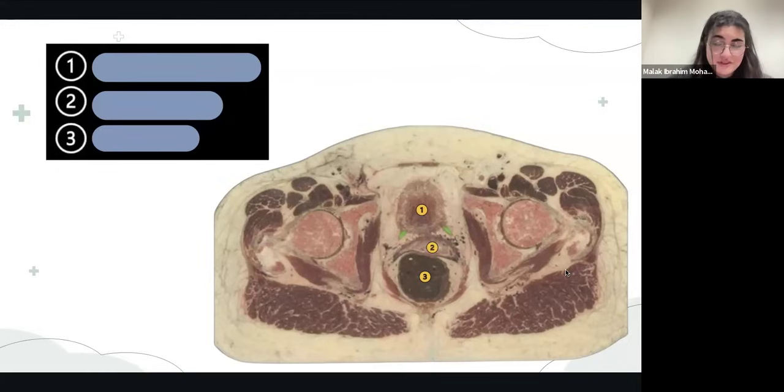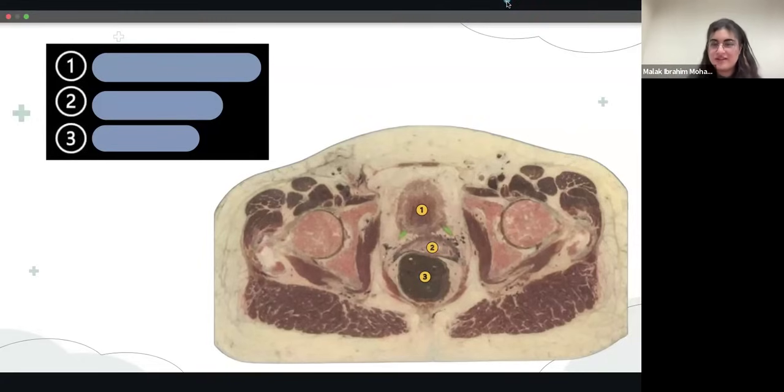Are you sure that this is a uterus, though? Yes, and the green things are ureters. Good job. Okay, I'm going to give you like 30 seconds.